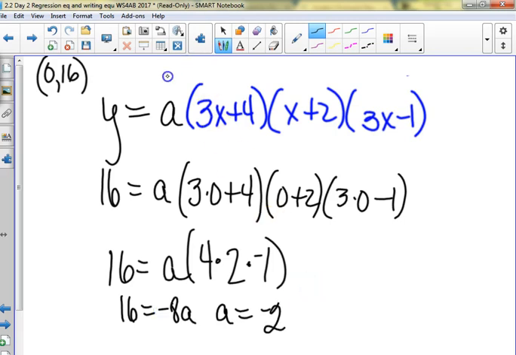Okay, so if I put a -2 back in up here, okay, this is a big -2. What would the leading coefficient be? I'd have -2. Here we'd have a what? 3x. Here we'd have an x. And what's the leading coefficient in this one? 3x.